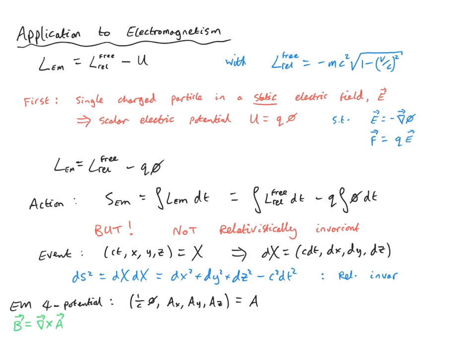Okay, so with this 4 potential A, which has these 4 components now, the first of these being actually the electric scalar potential, what we can do in principle is form a kind of dot product involving our 2 4 vectors, the A and the X. Specifically, let's consider A dX. What will this give us? Well, if we just follow the same rule as before, we'd have Ax times dx plus Ay times dy plus Az times dz.